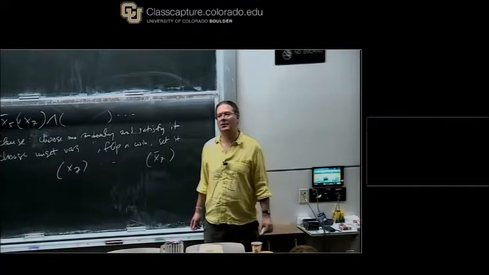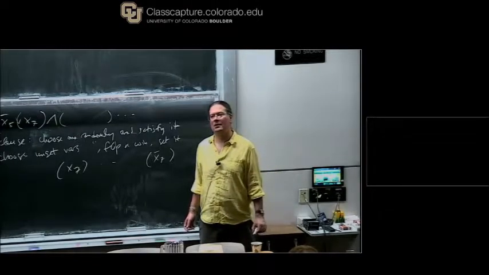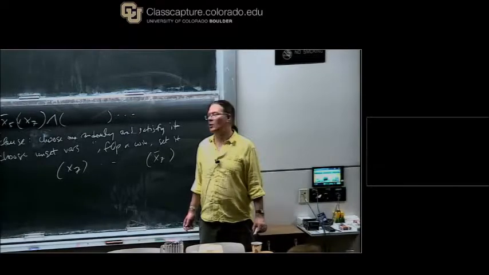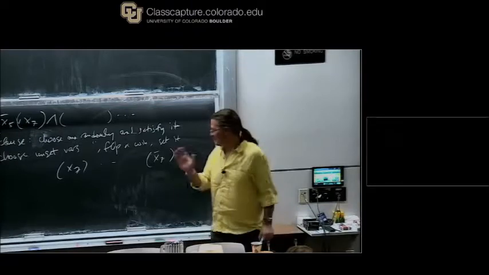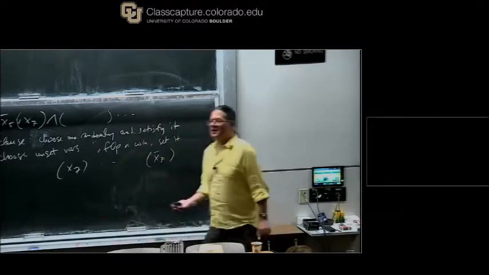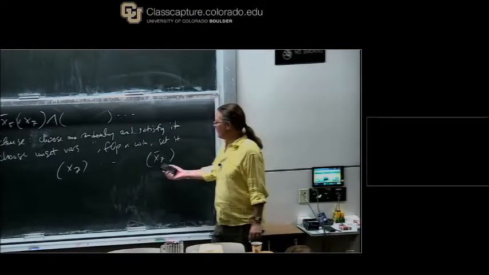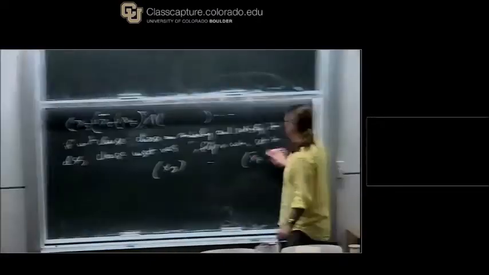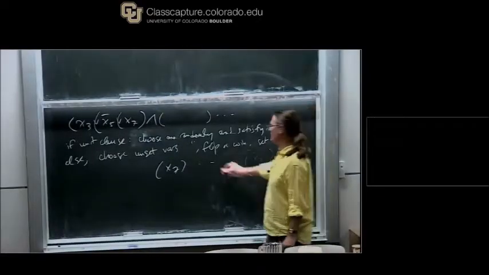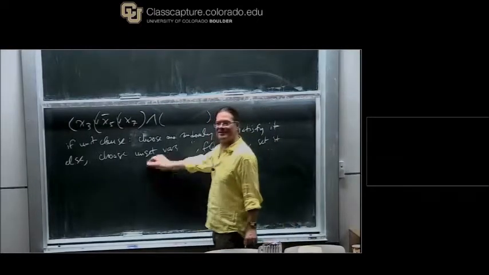Yeah? Well, okay, but you'll see in a moment. I mean, you have a contradiction in either case here. Yeah, right. Right, yes. And and or are both commutative.